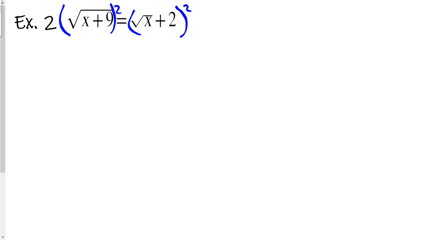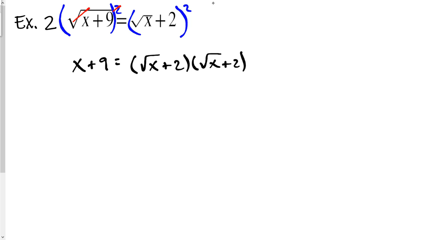So inverse operations, square roots and squares, so we end up with x plus 9 equals, and I'll write this out again because I think you guys probably find that easier, x plus 2 times root x plus 2. Using a little distributive property, the square root of x times the square root of x is, by definition, x.